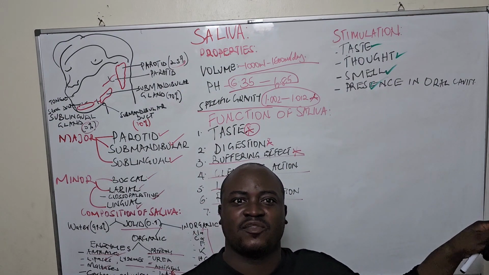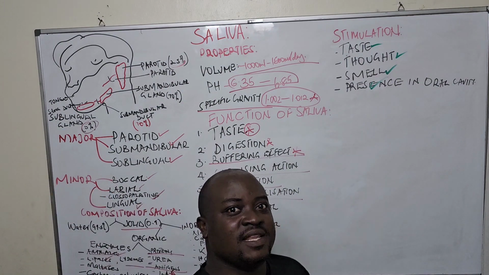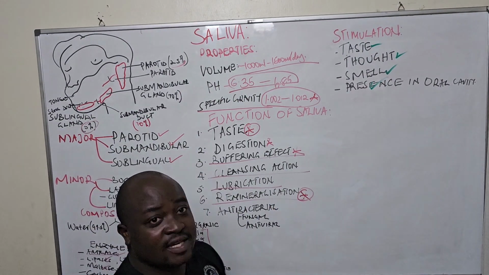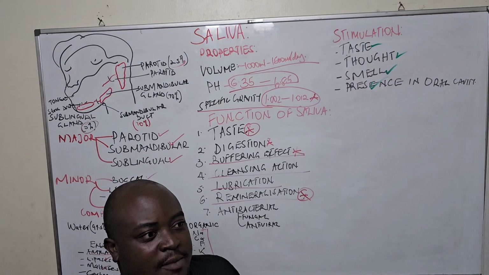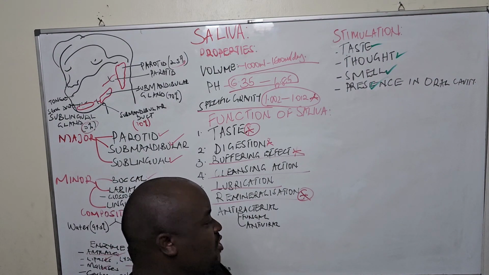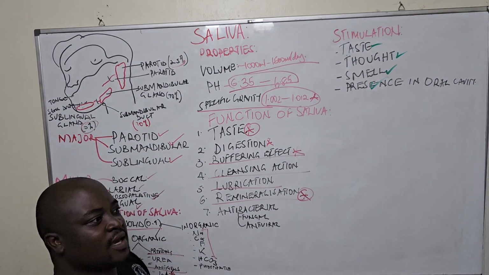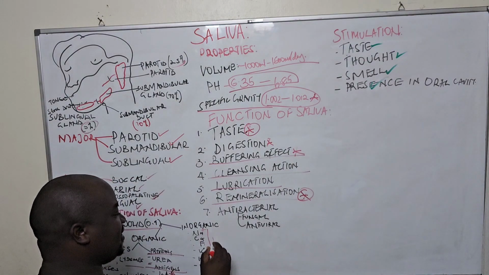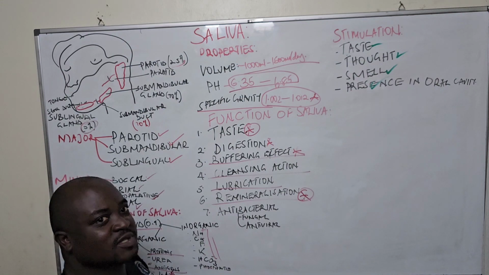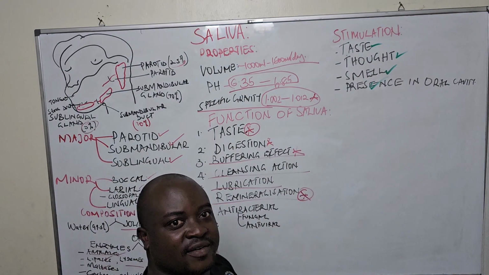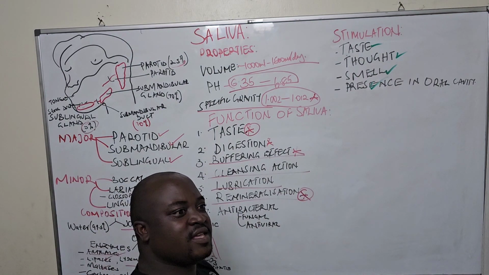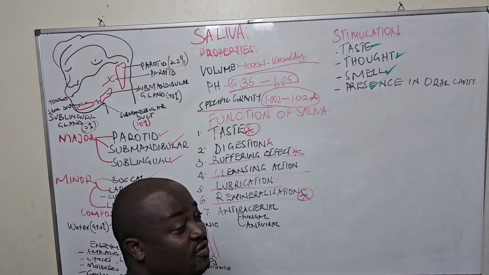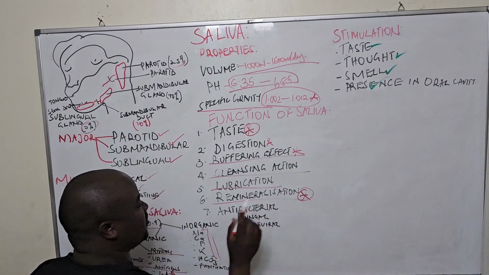So here we shall have remineralization, meaning it is also going to equally help in preventing cavities on teeth, because the minerals will continuously bathe the tooth, adding themselves on the tooth, and therefore that is called re-addition of minerals on the tooth. Very important.